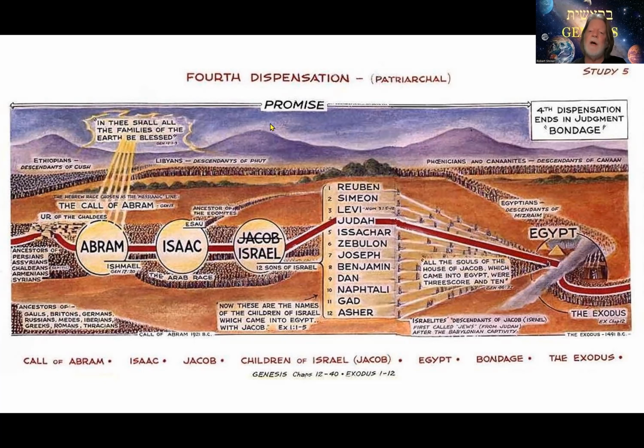And the main theme of this portion of Scripture, this dispensation of promise, is the promises of God. Now, God's been promising things since the Garden of Eden and before. And he will continue to do so afterwards, even after we get out of the age of promise, which ends at the Exodus.